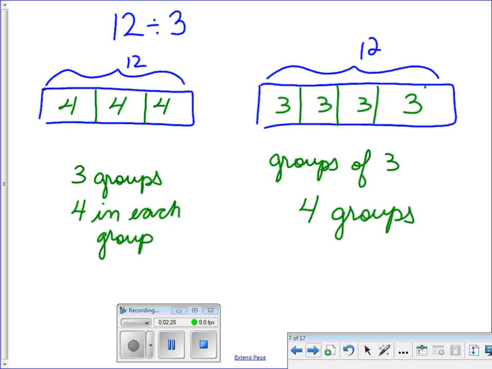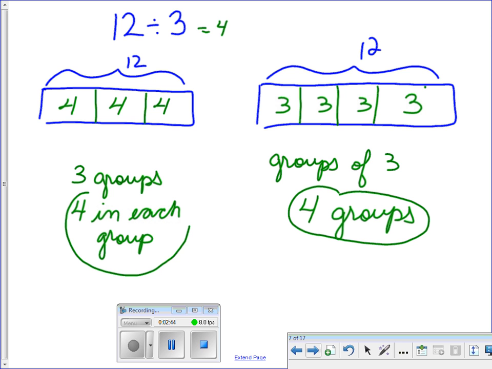Those each have a name. Those 2 different types of division, even though they're both 12 divided by 3 equals 4, this one means 4 in each group. This means 4 groups. So let's take a look at what these both mean.